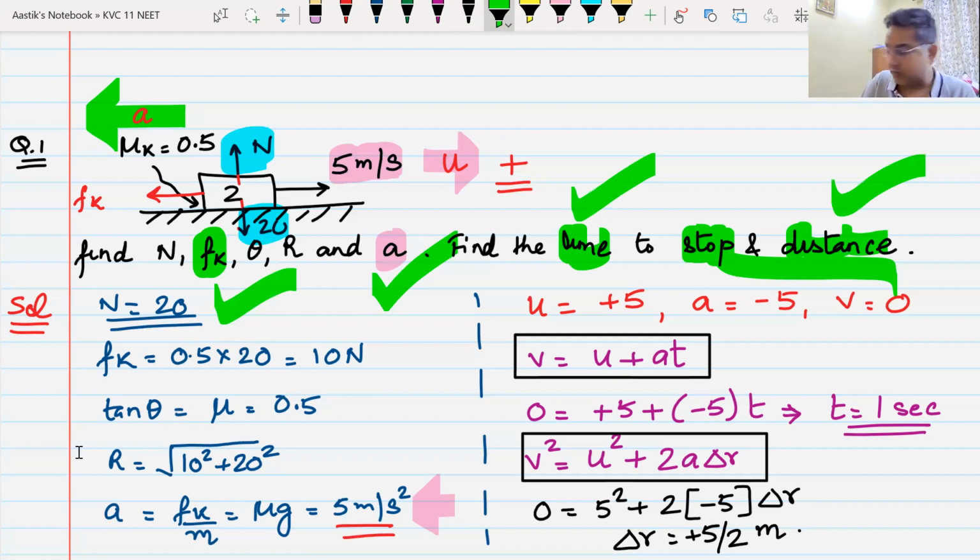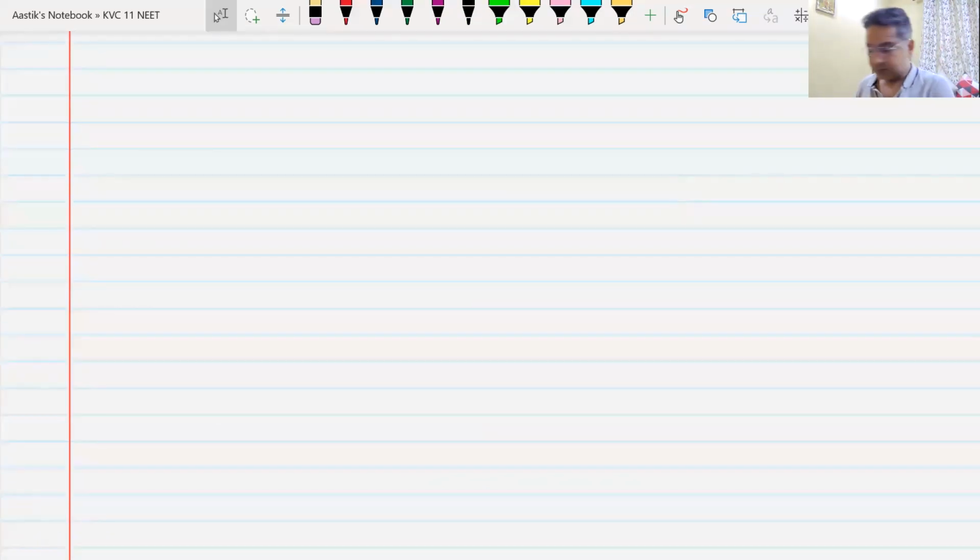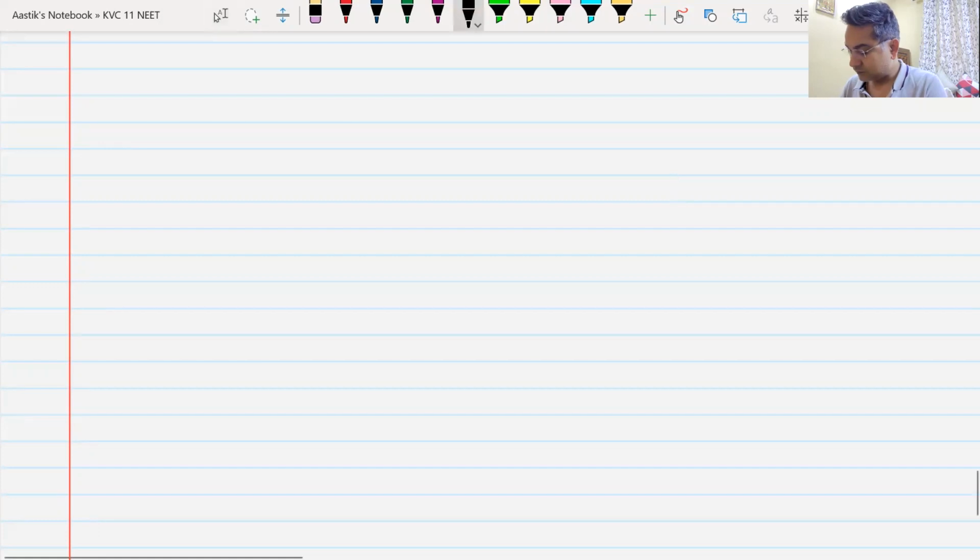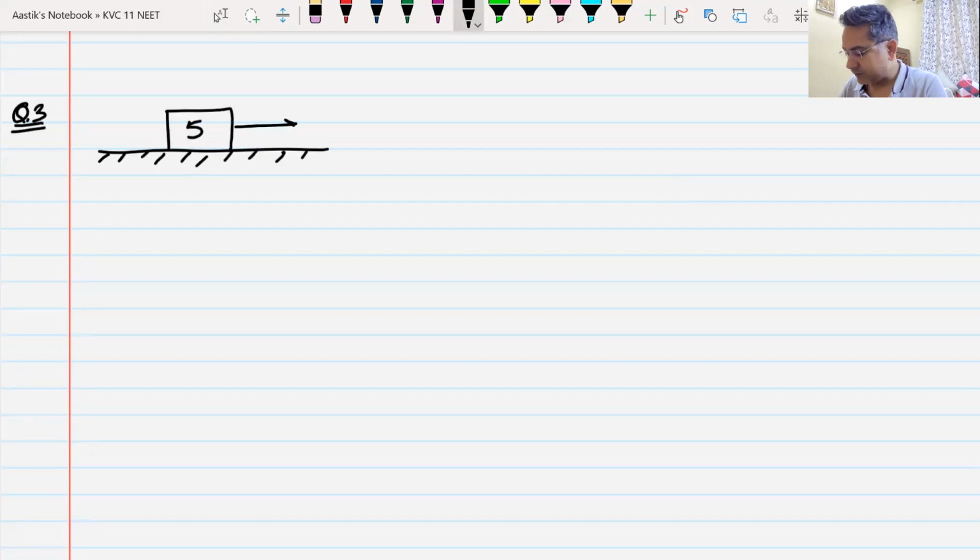Okay, then I'll give you one question, and I hope you can give me the answer for this one. This is a rough surface. A 5 kg block is moving with a velocity of 10 meter per second.